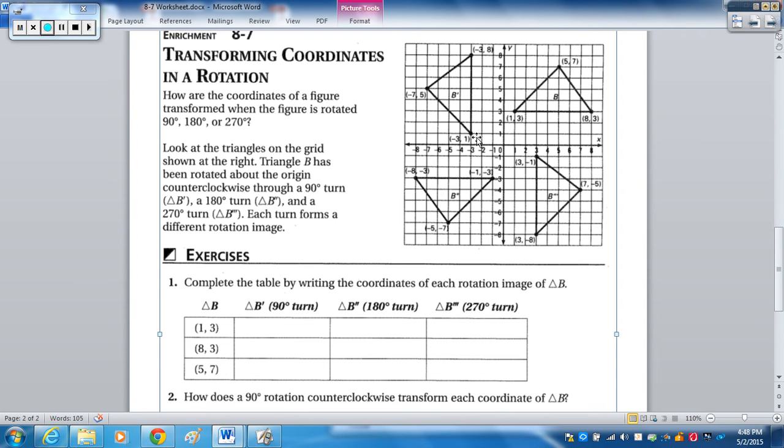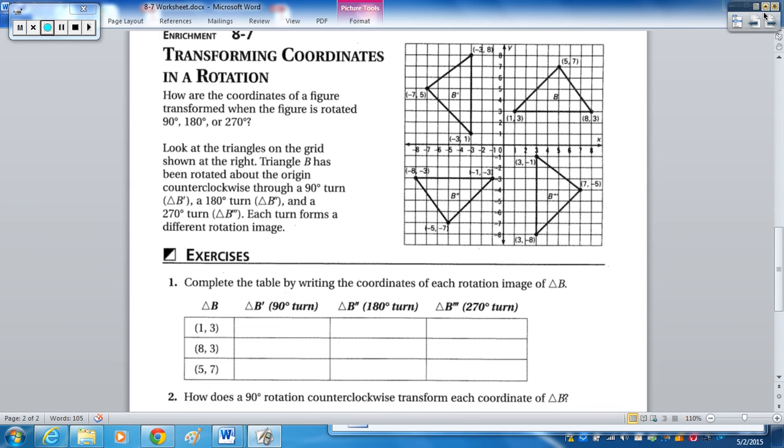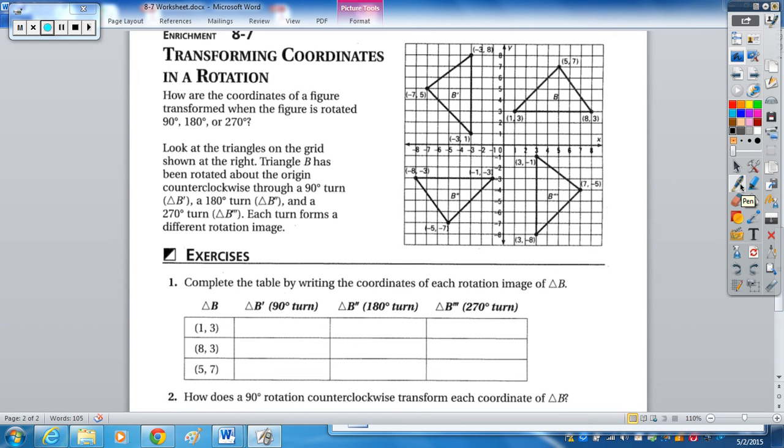So you can go ahead and record that's -3, 1 for the 90 degree turn, and I'm going to make sure we understand that this is 90 degrees counterclockwise, because we're going to talk about what it would be if it was clockwise versus counterclockwise.